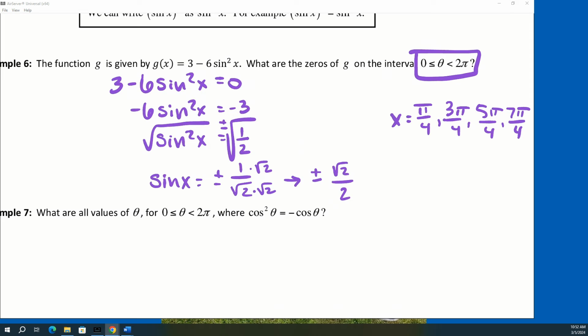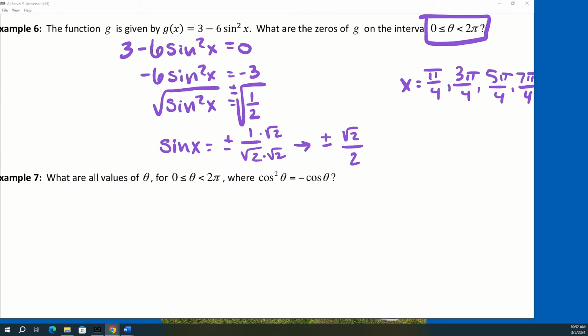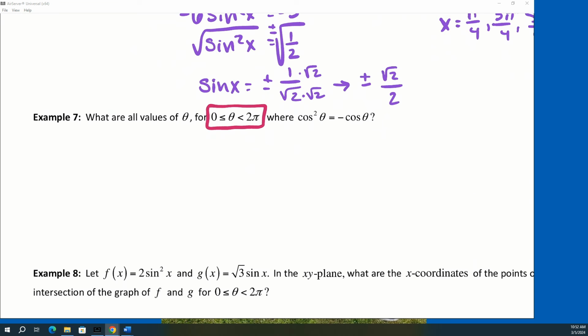Okay, now example 7, we still have this interval of our answers, so it's just the whole unit circle. And we want to find when cosine squared of theta equals negative cosine of theta. So we're about to do something that you've definitely never done with trigonometric equations before. You have done them with polynomial equations.